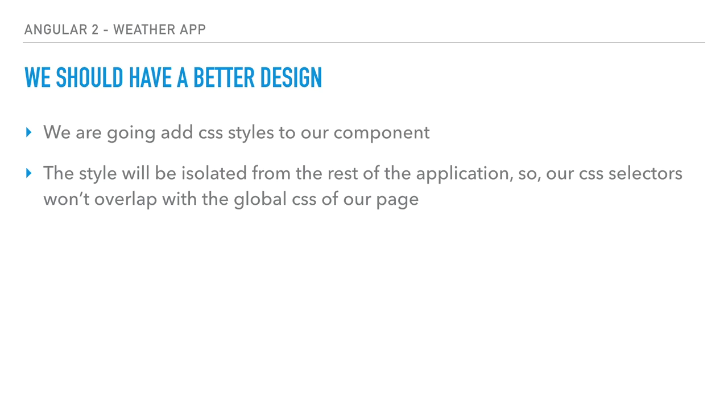The idea is to have a better design. We will apply CSS directly to our component. This CSS will be isolated from the rest of the application and it won't overlap with the global CSS. This is awesome. It's a simple concept.